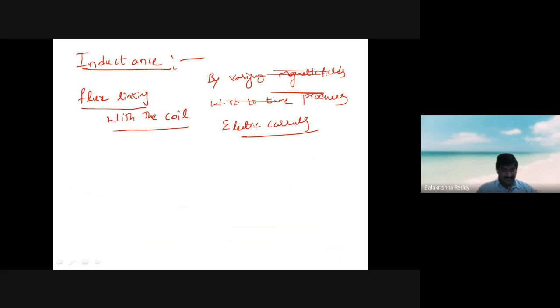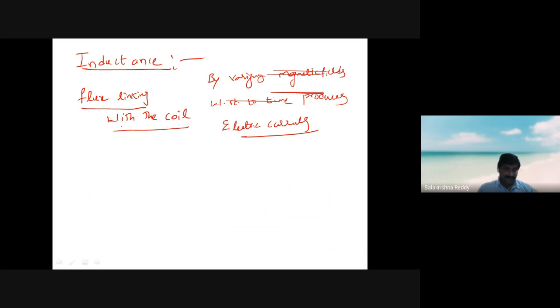Flux linking, in the sense of how this flux is linking. According to Faraday's law, the flux linked by the magnet is without touching the coil. In the same way, an electromagnet produces flux, and due to that we also have induced current in the neighboring coil.